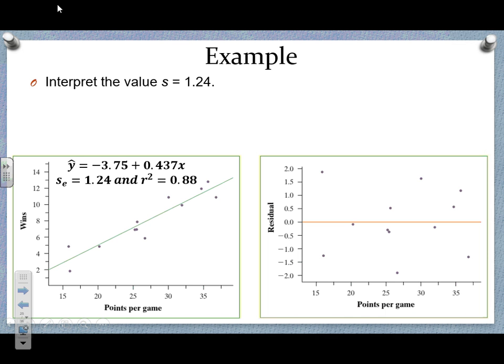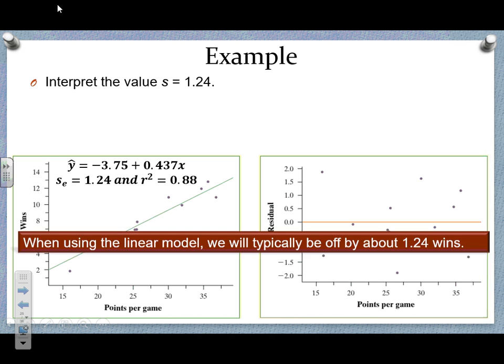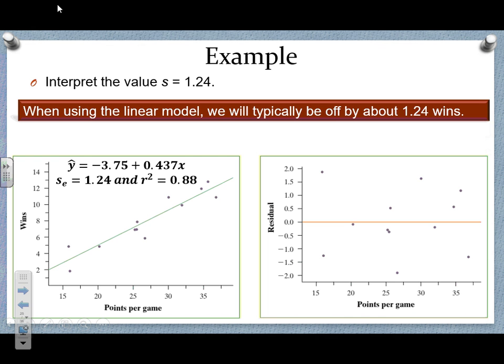So this standard deviation is telling us about how far off we should be with each of our guesses. The way to interpret this: if we use this linear model to approximate our values, we will typically be off by about 1.24 wins. We're typically going to either overestimate or underestimate by about 1.24 wins.